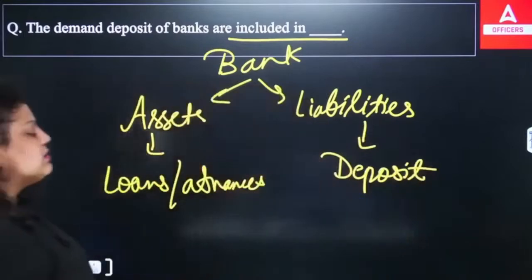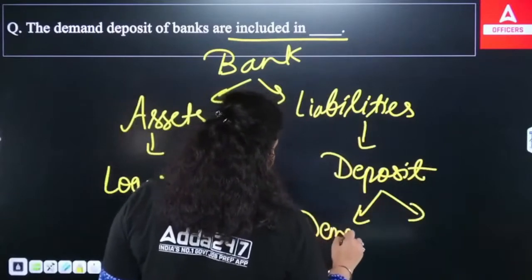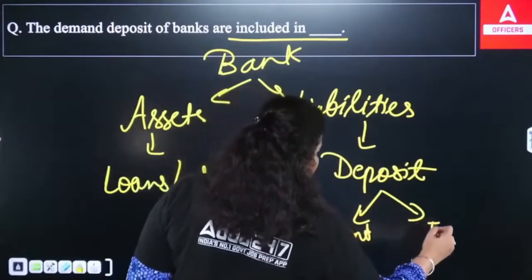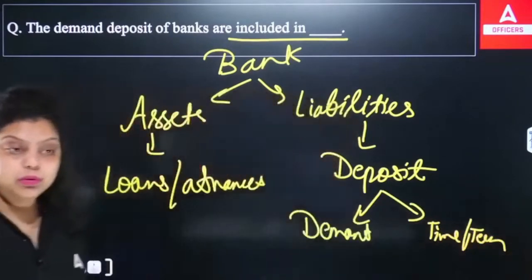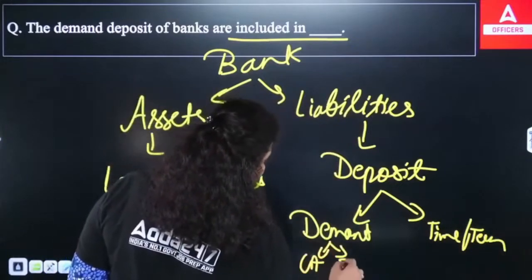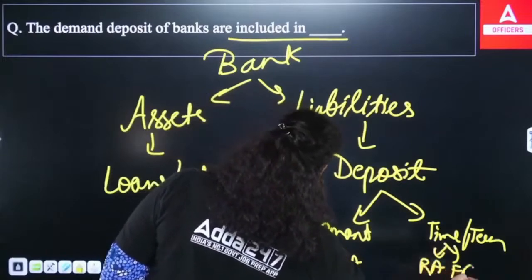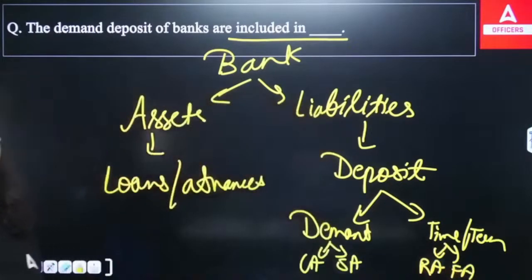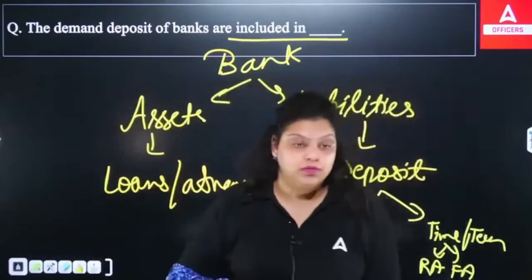Okay, and these deposits are of two types. That is demand deposit, the type of deposit which depends on the customer's demand, and the second one is the time or term deposit. The demand deposit covers CASA, current account and savings account. Time deposit covers RAFA, recurring account and fixed account. So demand deposits are those which can be deposited and withdrawn as per the demand of the customer.